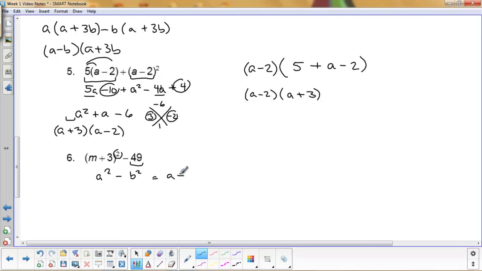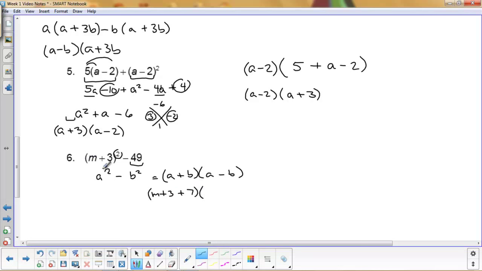And then I can go ahead and simplify this the way it's supposed to be simplified. Okay, so if a squared is m plus 3 squared, that means that a is m plus 3. And then, of course, 49 is 7, so that's going to be plus 7.